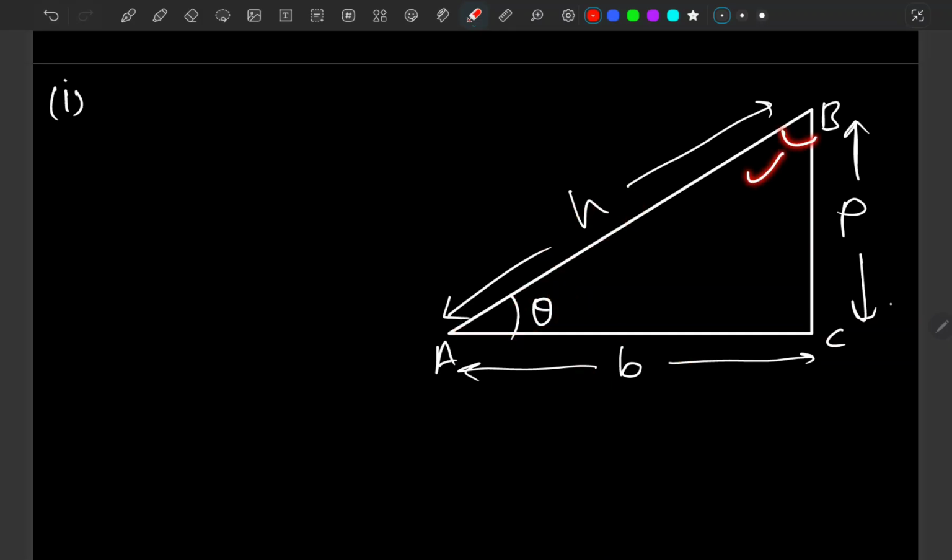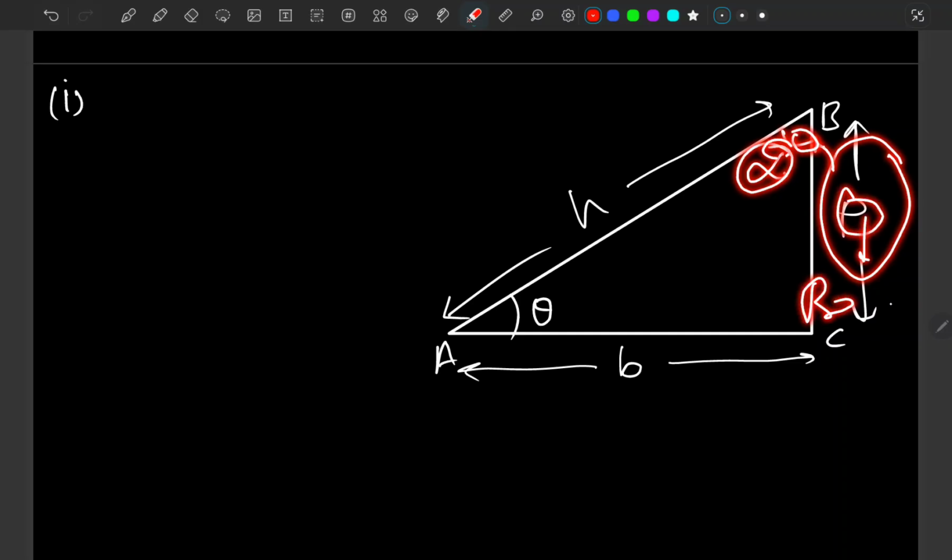If we talk about this other angle, let's say alpha, the side attached to it along with the hypotenuse is the base, so for alpha, P is the base. And for theta, B is the base, so it changes.